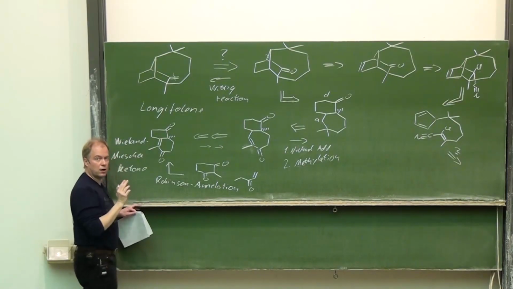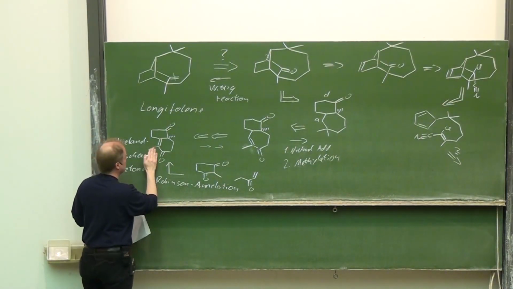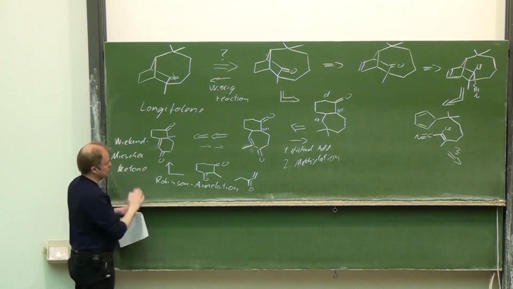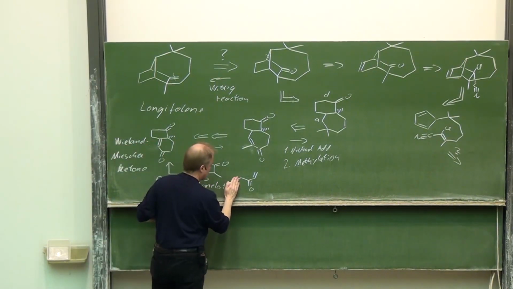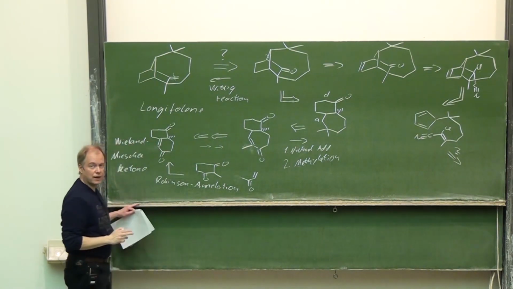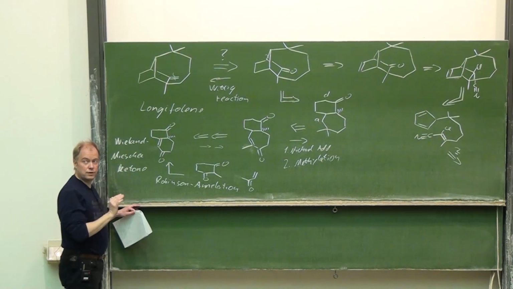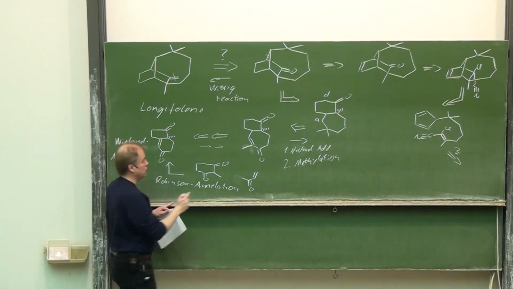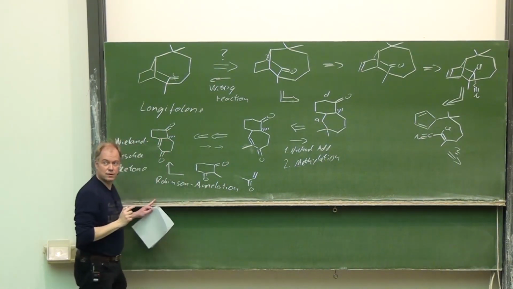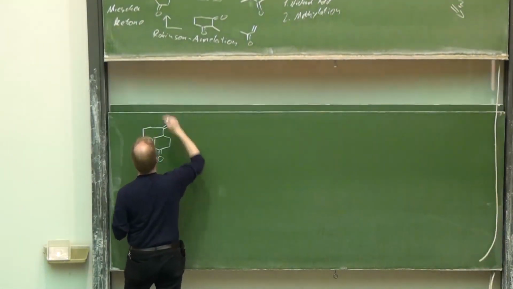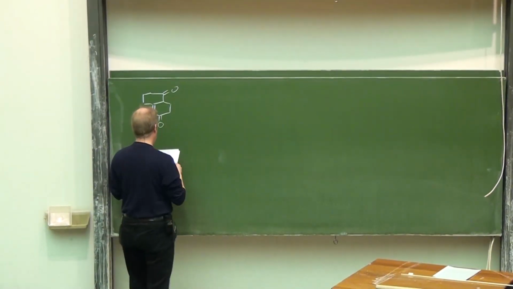This is not the Wieland-Miescher ketone. This is the Wieland-Miescher ketone, and one has to start, of course, from methyl vinyl ketone. We will soon see how that methyl group is introduced. Okay, so Wieland-Miescher ketone.